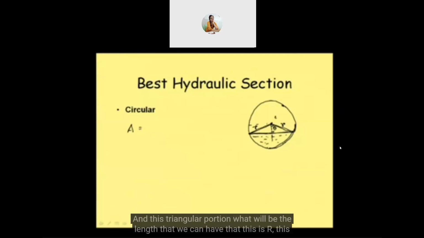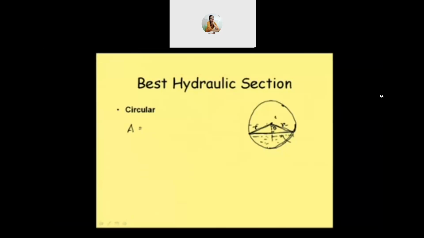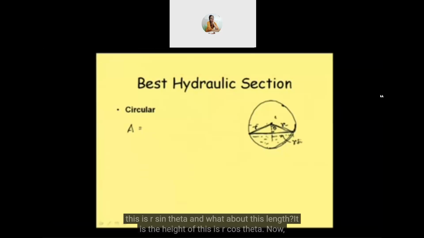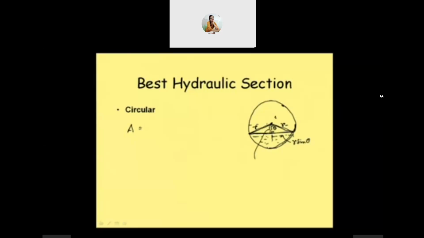What will be the lengths of this triangular portion? This is r, this is r, this is theta, so what is this length? This length is r sine theta, and the height of this is r cos theta.